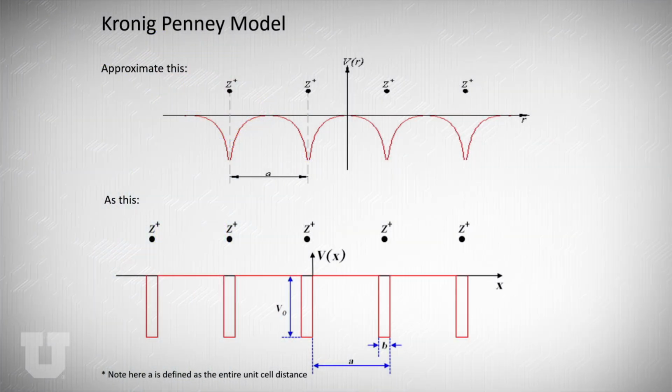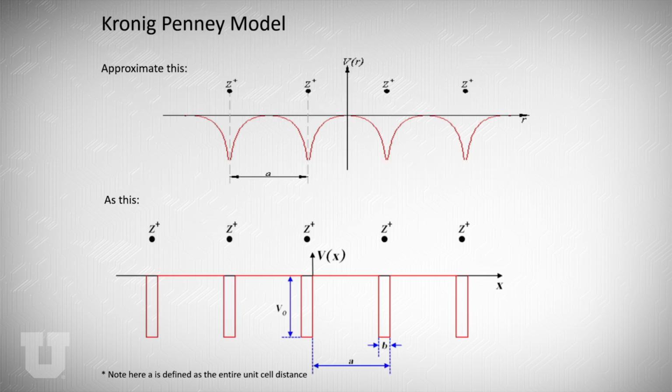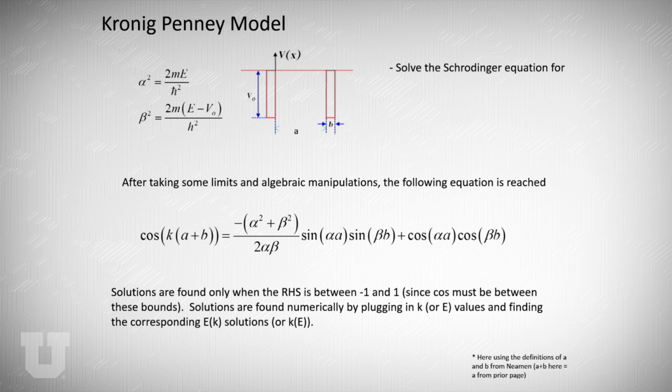So the model can be parameterized with this a and b for the thicknesses of the well and the barrier itself. On this slide, the notation differs a little bit from that in the book in that a is the actual repeat unit distance, and that matches with this definition here of the Bloch functions. Okay, and then our propagation constants, alpha and beta, are defined here.